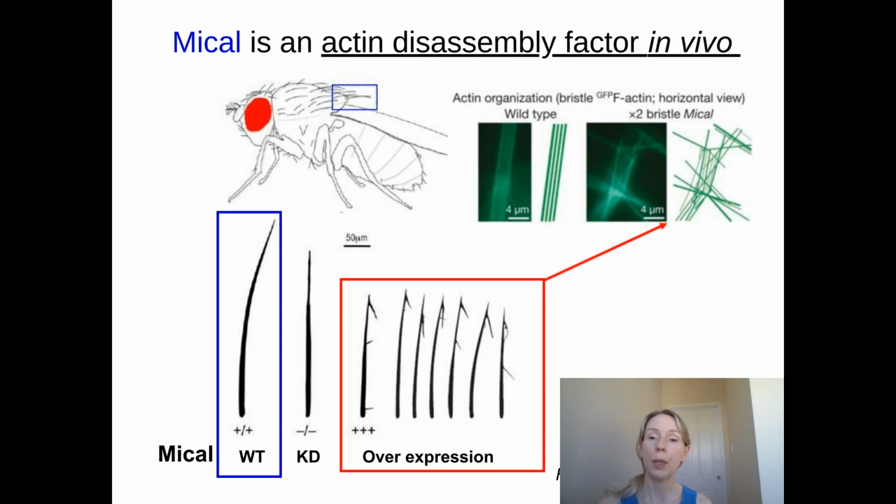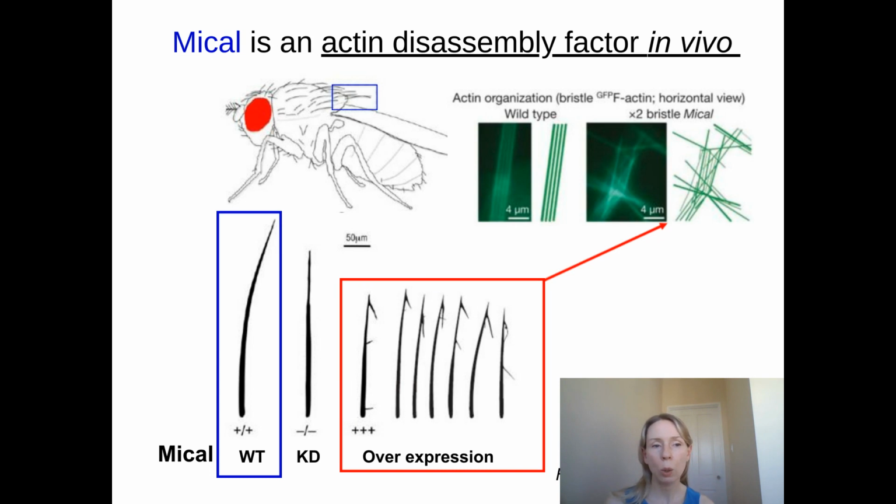And so what we have here is that if we drive Mical overexpression in these bristles, we get this characteristic disordering of actin, as exemplified by those two panels on the top of the slide, where we can monitor actin assembly state using GFP-labeled actin. And so you can see that we can detect dramatic remodeling of actin in those bristles if we overexpress Mical enzyme.